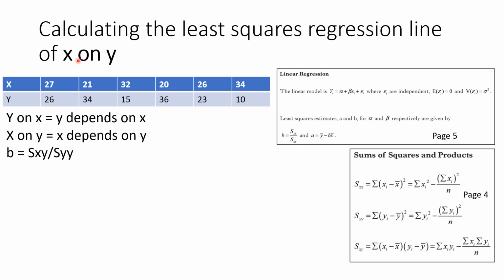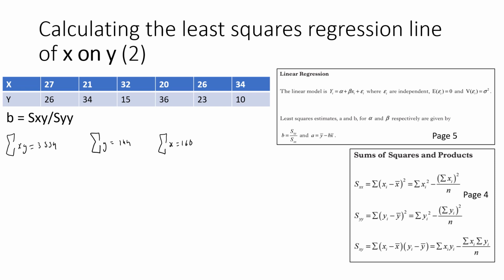But if we're doing x on y, b is equal to sxy over syy, not sxx. We've changed this to syy because x depends on y. And it's entirely the same process, but b is a bit different, and I'll show you that here.